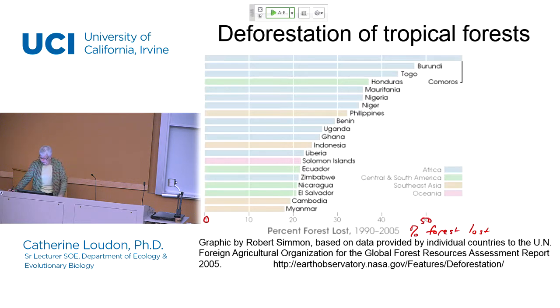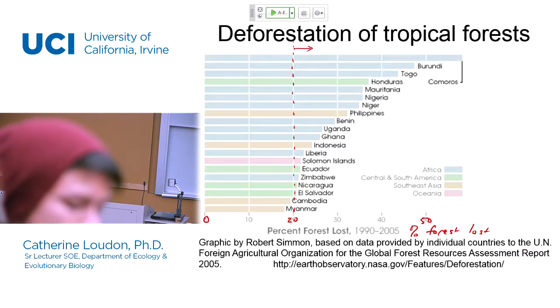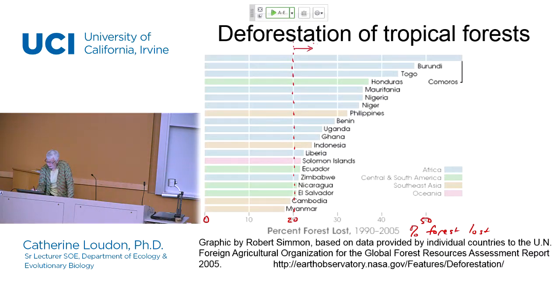Most of these are countries, and here's 20 right here, and so you can see that basically all of the individual countries that are showing up here for the most part have lost 20% or more of their total tropical forest during the 15 years 1990 through 2005 inclusive.